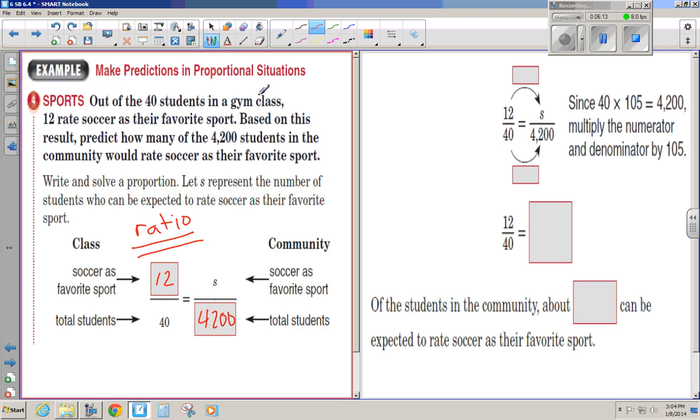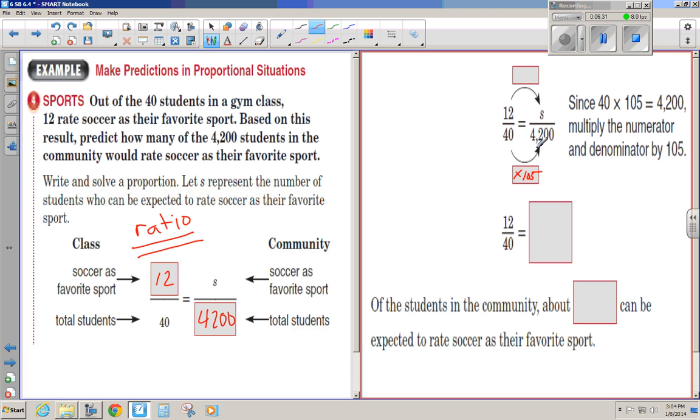But we can do a number of things. Let's start by figuring out, okay, here we go. Since 40 times 105 is 4,200, then we multiply the numerator and denominator by 105.